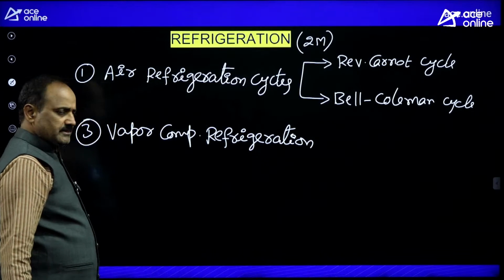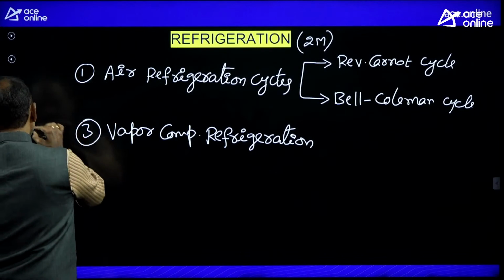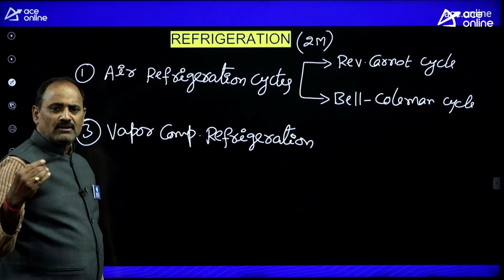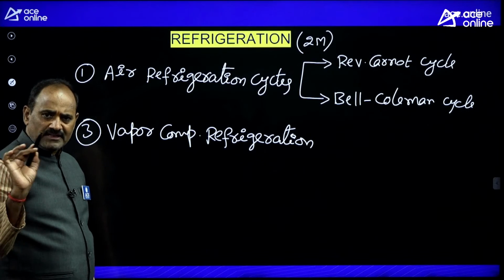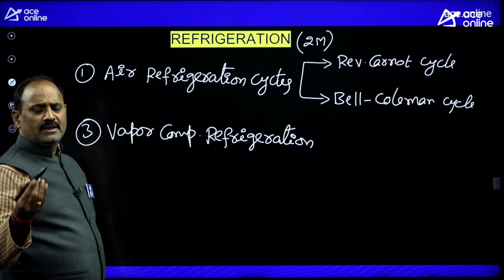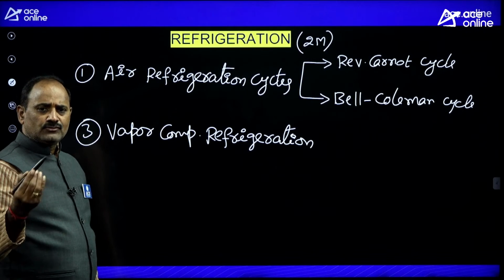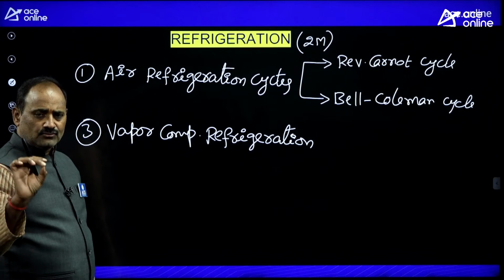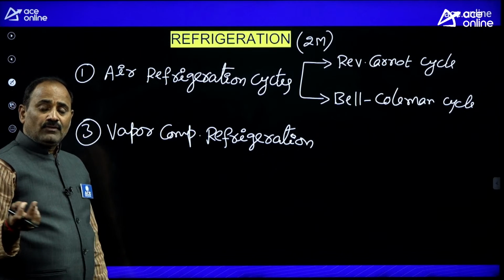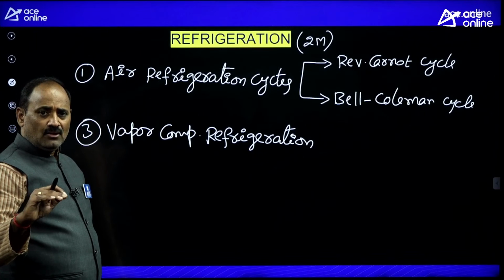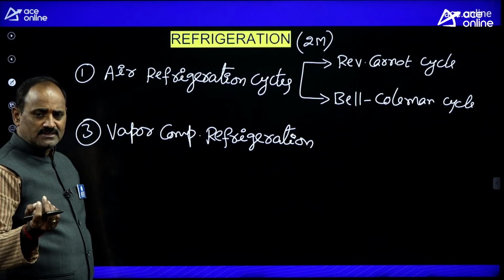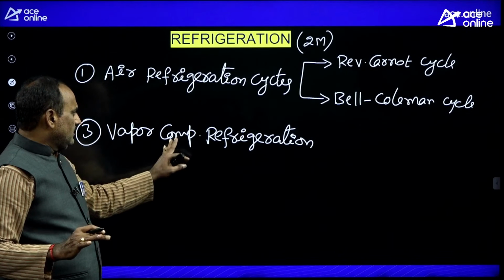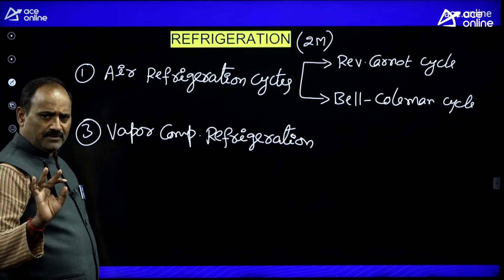So from the vapor compression refrigeration system, you need to study simple vapor compression refrigeration system, actual vapor compression refrigeration system, what is the meaning of dry compression, what is the meaning of wet compression, what is the meaning of superheated compression, what is the effect of subcooling, what is the effect of superheating, what is the effect of liquid vapor regeneration, what is the effect of condensation pressure, what is the effect of evaporation pressure. All this to be studied for the vapor compression refrigeration system, right?